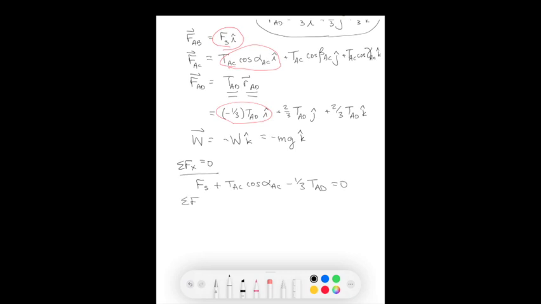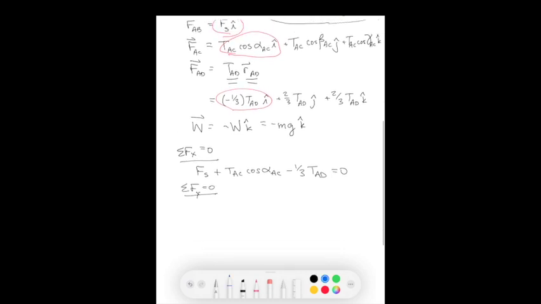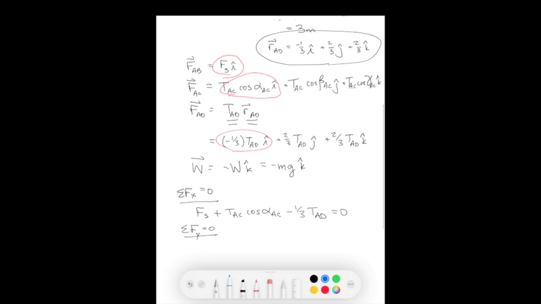Now the sum of the forces in the y direction are equal to 0. So now I'm looking for j components. So no j components here, j and j.